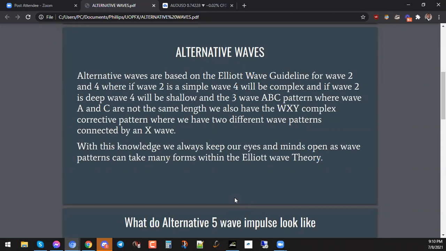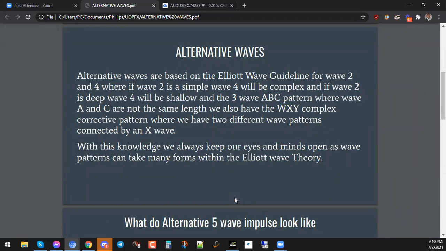The price action on that one could be very big. The retracements could be very big as well. So if you have a situation where wave 2 is deep, then you will have a shallow wave 4. Okay, so that is another example of how you can have waves alternating between each other.